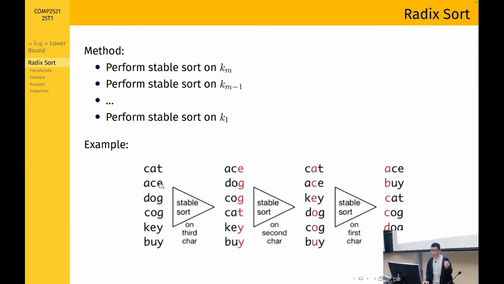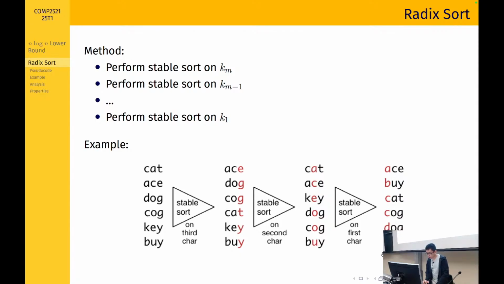So we're going to sort based on the last letter only, and it's a stable sort. Then we're going to perform a stable sort on the second last symbol, and then the third last symbol, and so on, until finally we perform a stable sort on the first symbol.